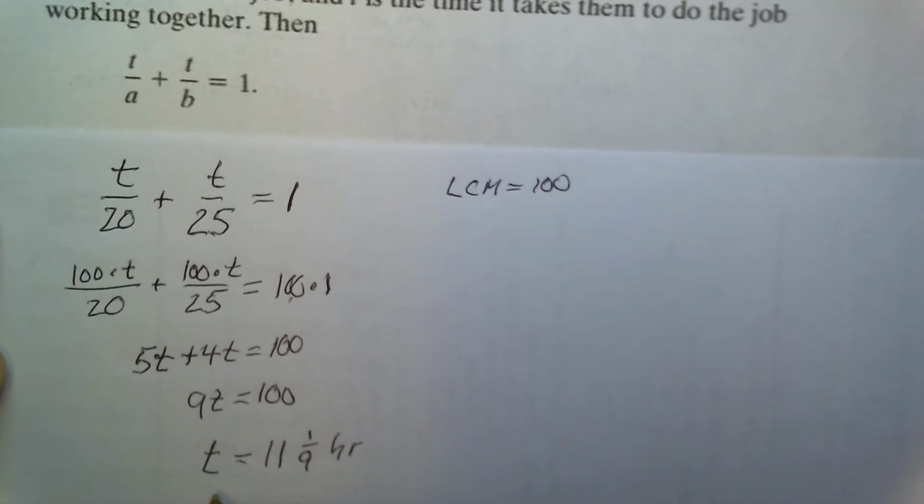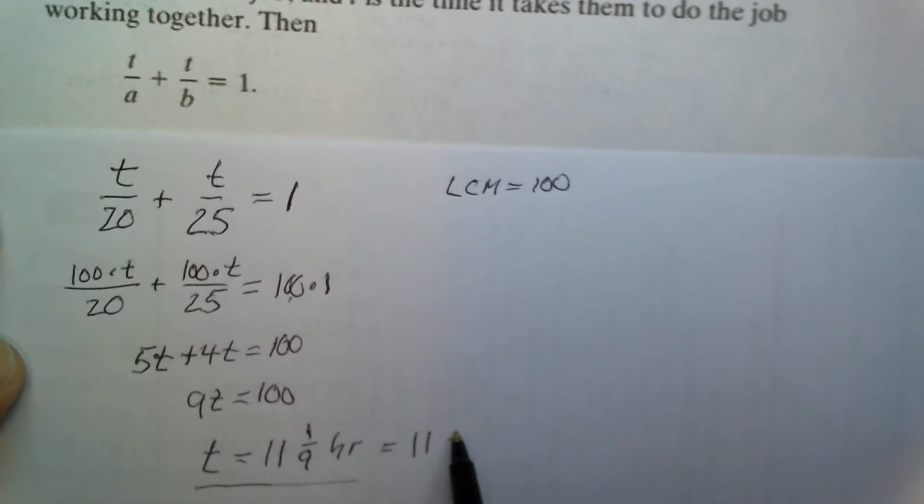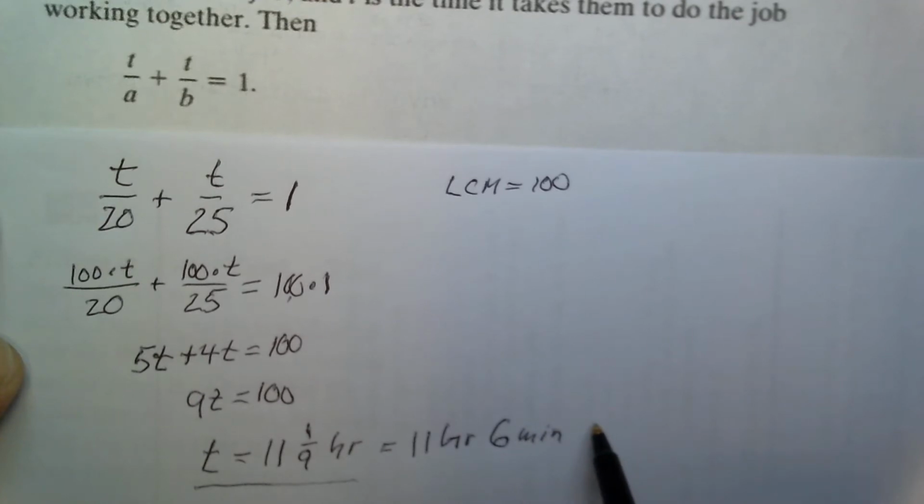That's the mathematically correct statement, but 1/9 of an hour is not very helpful. When you think about it, 1 hour has 3,600 seconds, so 3,600 divided by 9 is 400 seconds, and 400 seconds is 6 minutes and 40 seconds.